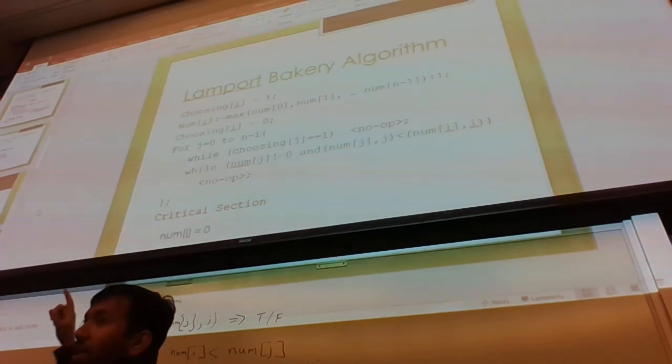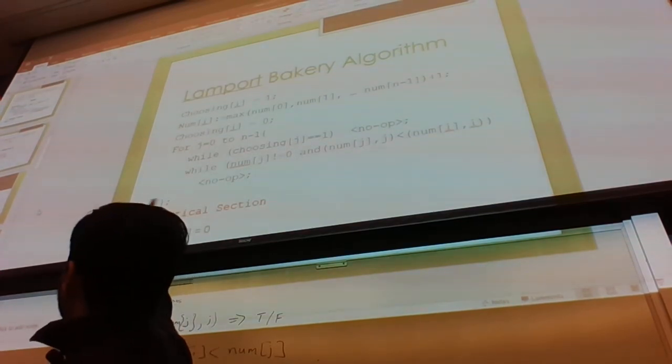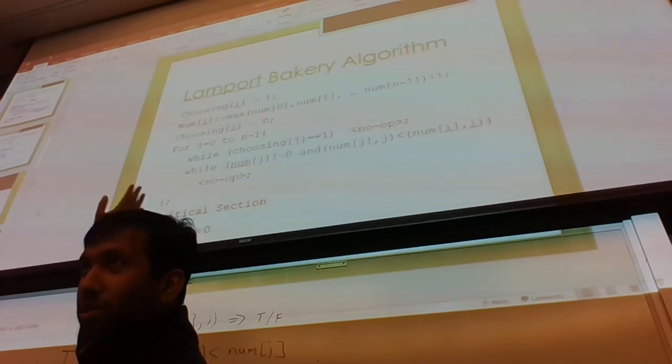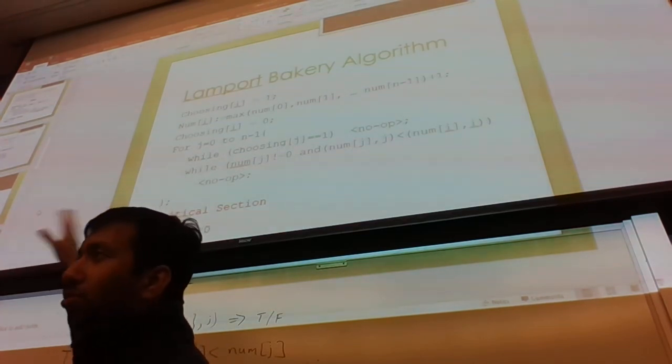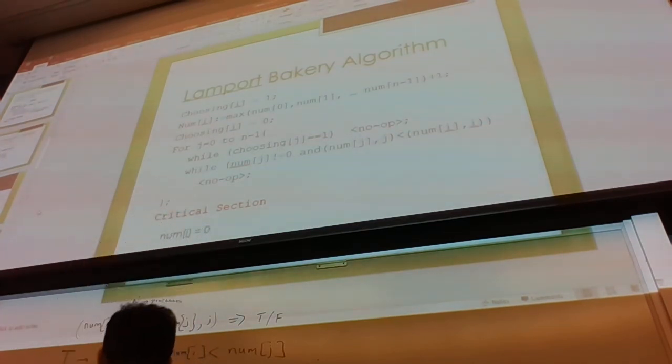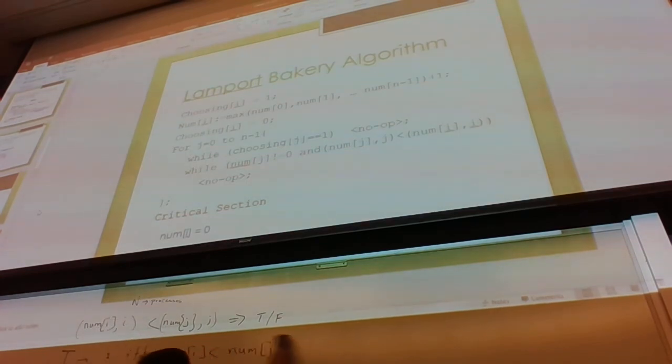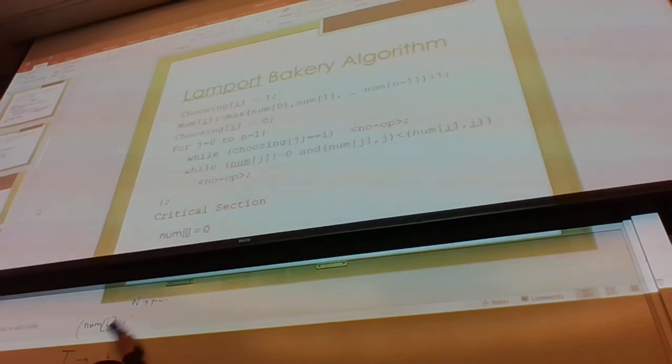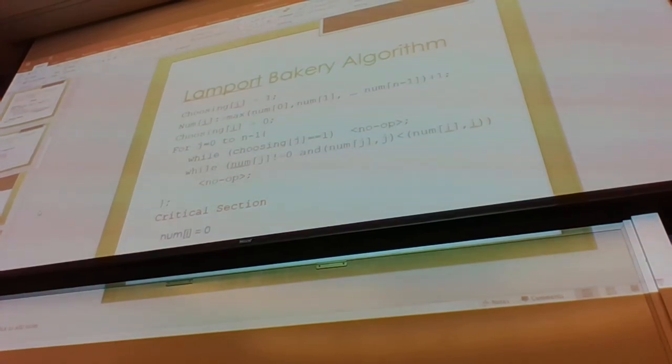When you look at the algorithm, ignore the choosing terms and whatever is the rest of the algorithm we are using. Don't look at the choosing array. So let's consider that initially all nums are 0. So num is an array of zeros right now.